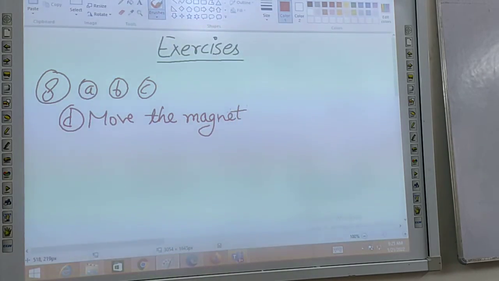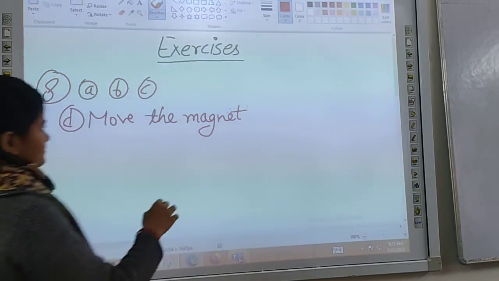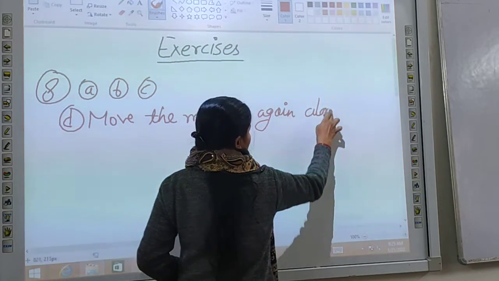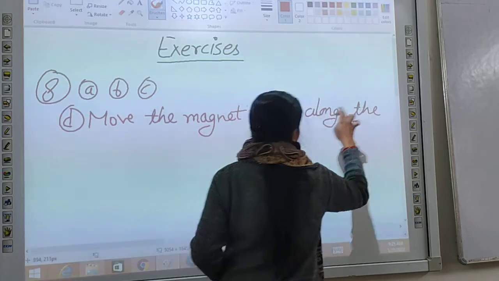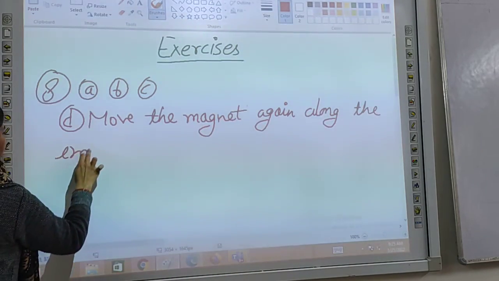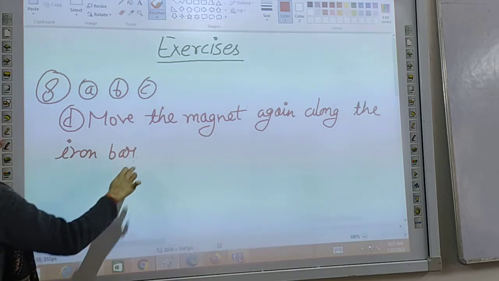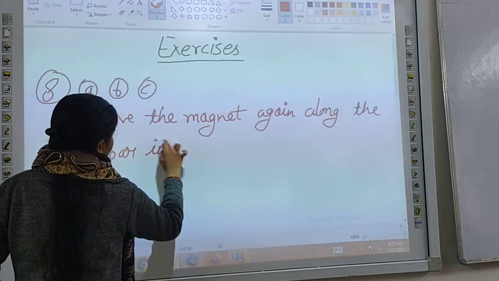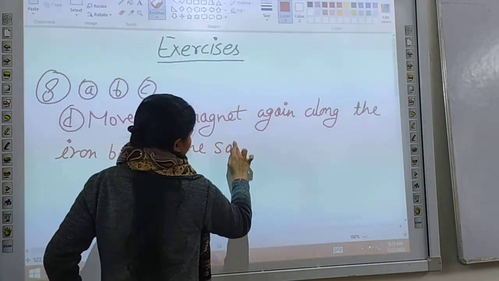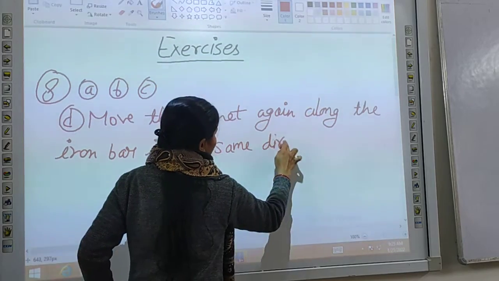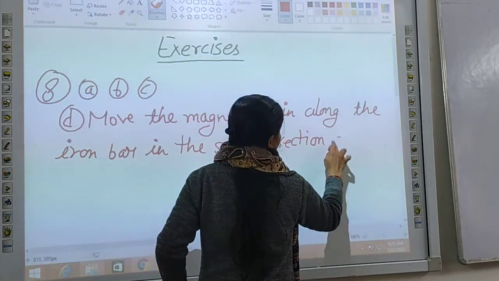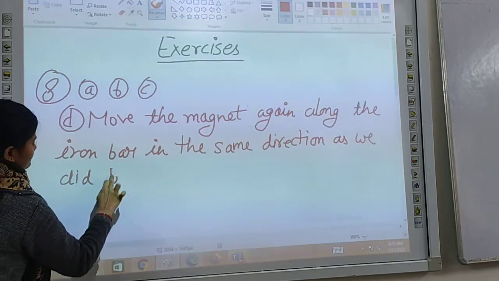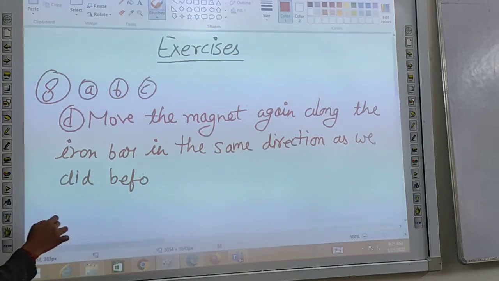Move the magnet along the iron bar. Okay, in the same direction. Ma'am, what to write after again? Again along.